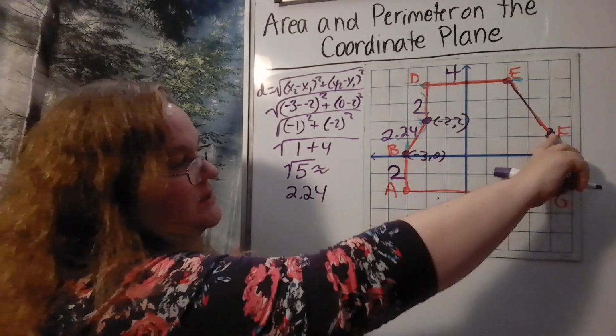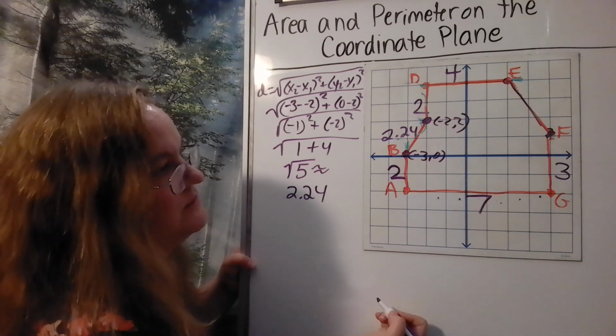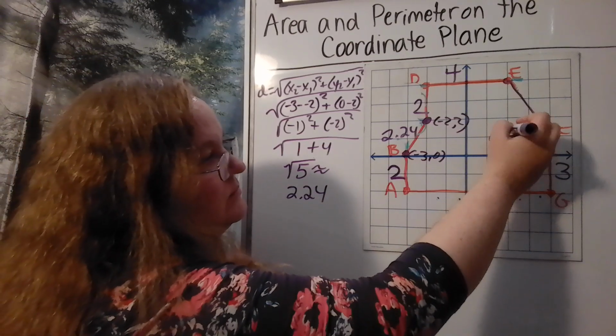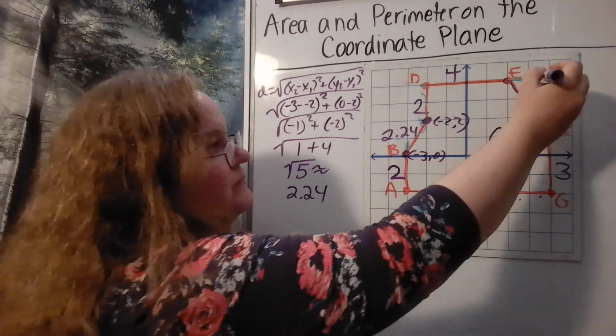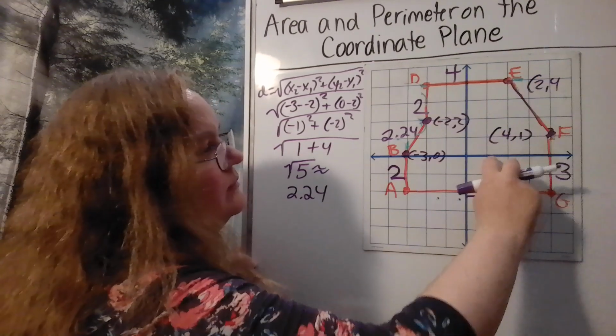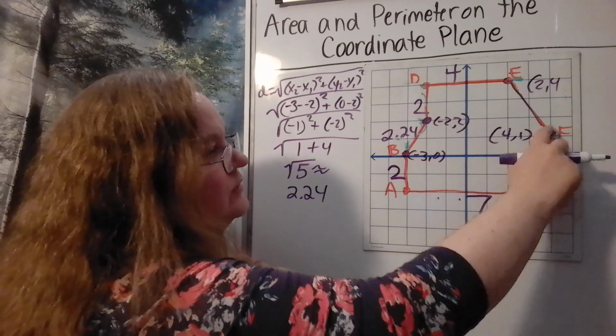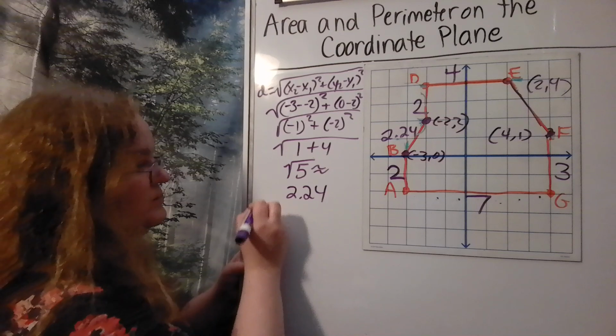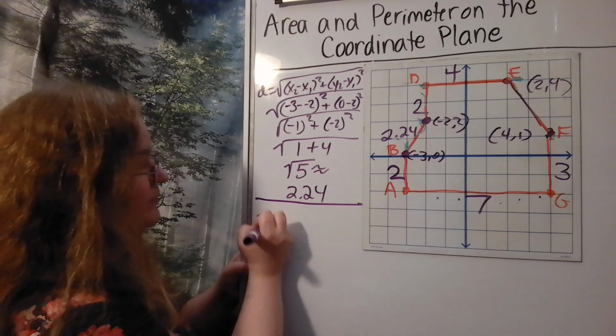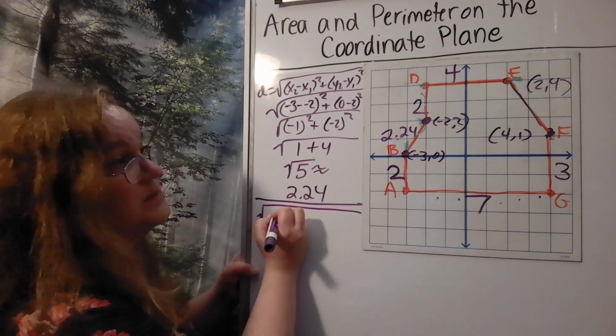If I do the same thing with these points, F is going to give me 4, 1, and E is going to give me 2, 4. Just making sure. Okay. Yep. And so 2, 4. So looking at those points, again, I'm going to substitute them in.